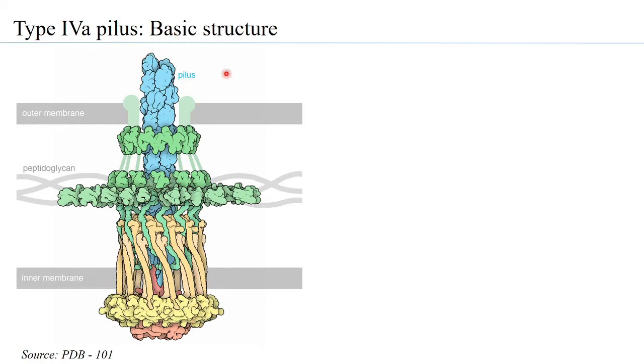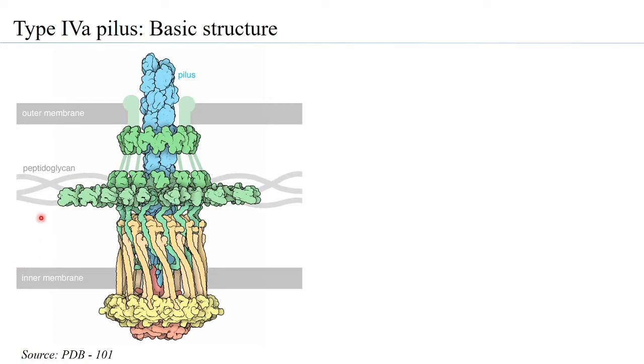One important facet is that the entire architecture of the type 4a pili spans the envelope of the bacteria. What is shown here is definitely a gram-negative bacterium, because the envelope of gram-negative bacteria comprises an inner membrane followed by a periplasmic space.